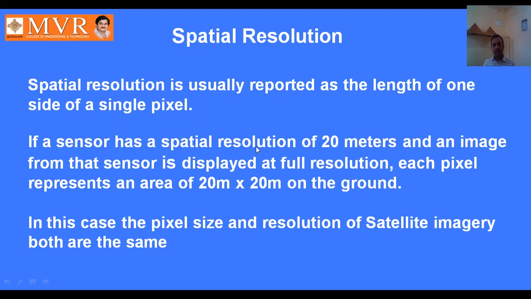If a sensor has a spatial resolution of 20 meter, then the pixel size is how much? 20 meter. So, the pixel size and the resolution of satellite imagery are the same.